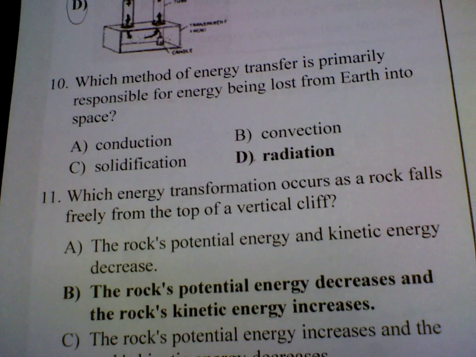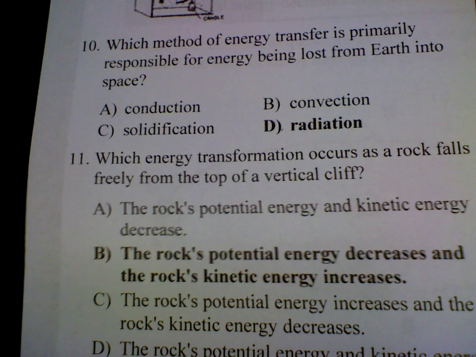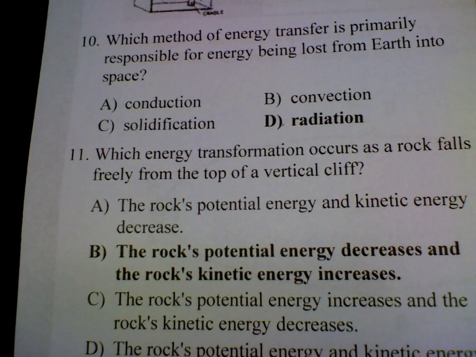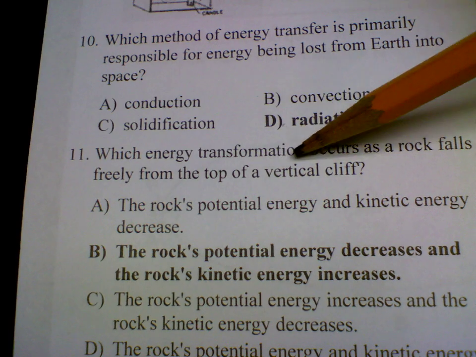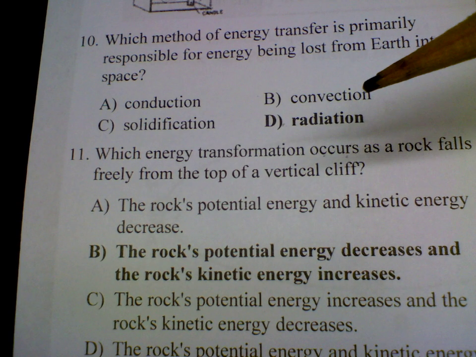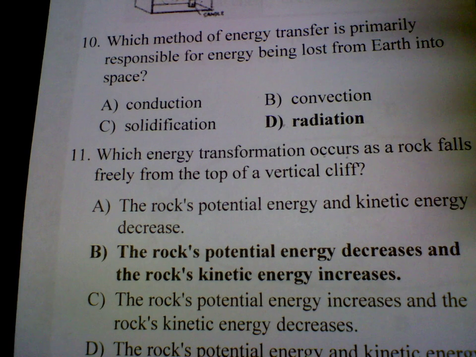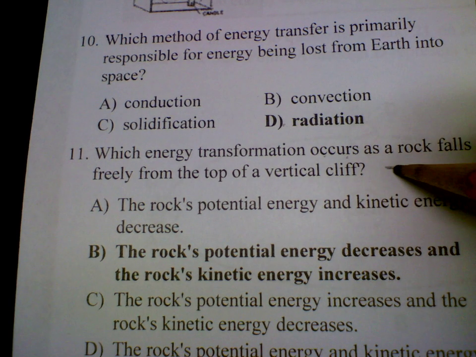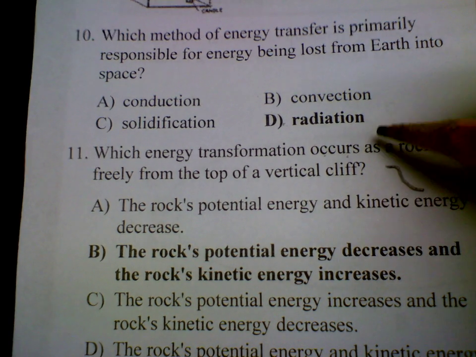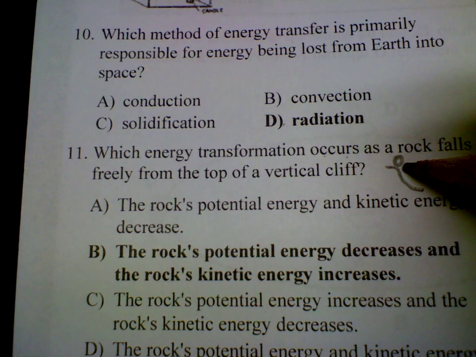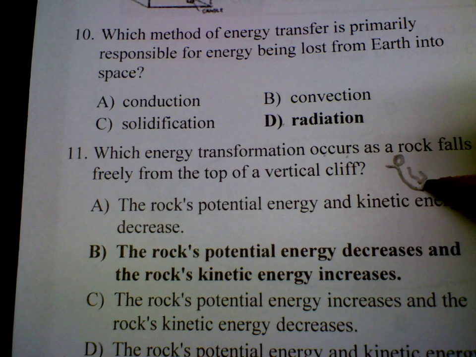Number 11, remember when we talked about potential versus kinetic energy? Which energy transformation occurs as a rock falls freely from the top of a vertical cliff? In other words, here's your cliff, here's your rock, it's going to fall down toward Earth.